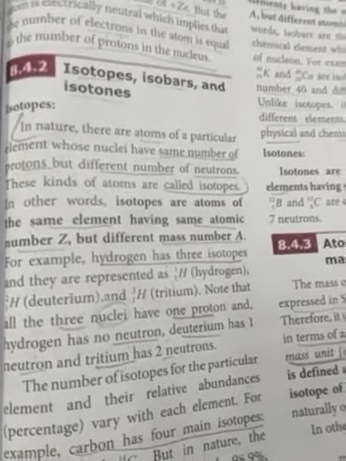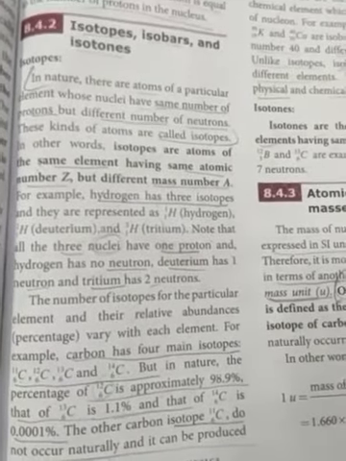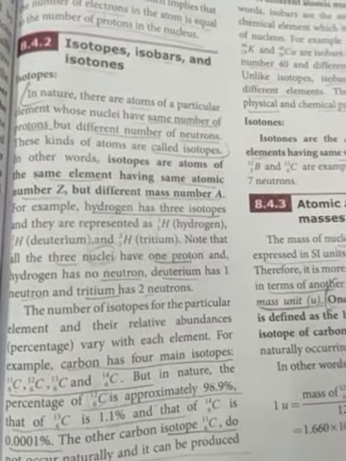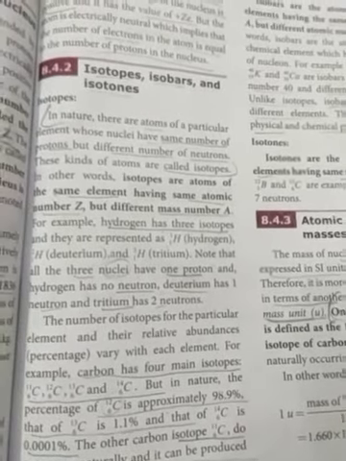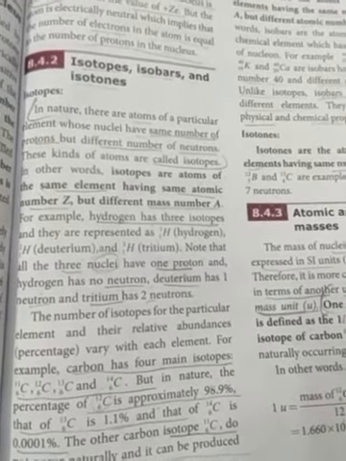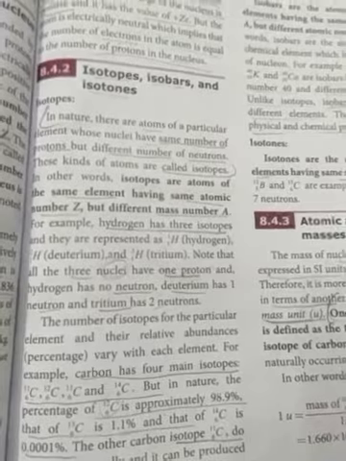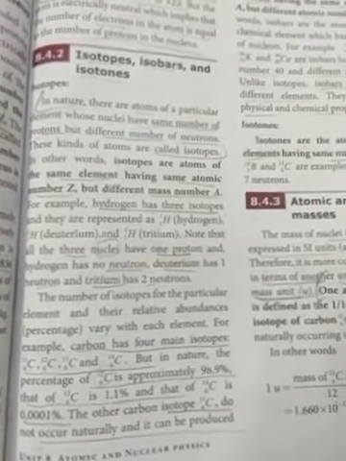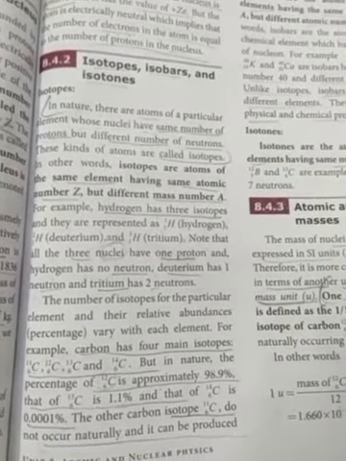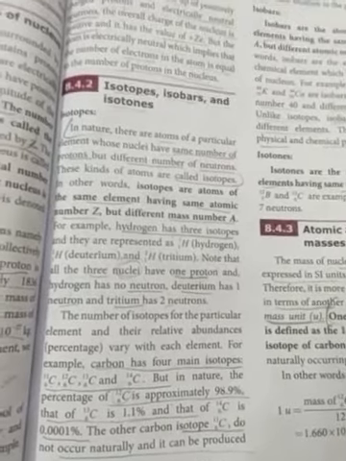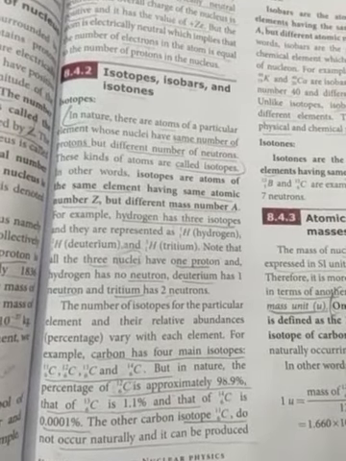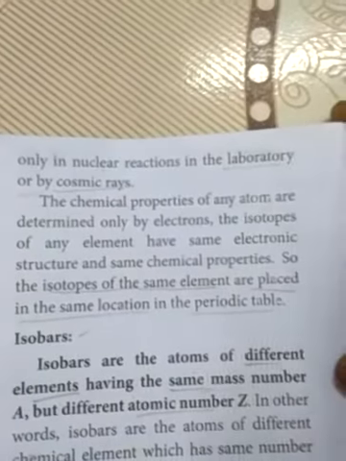That of C-13 is 1.1%, C-14 is 0.0001%. The other carbon isotopes, 6 to 11, do not occur naturally and can be produced only in nuclear reactions in the laboratory or by cosmic rays.